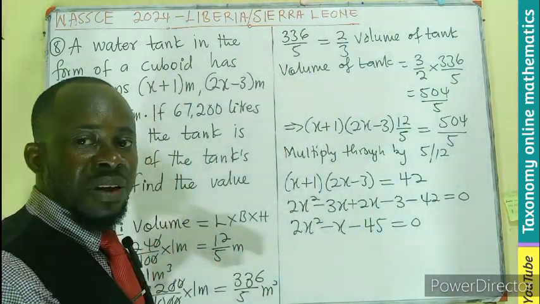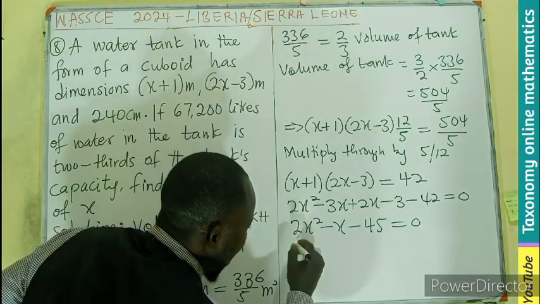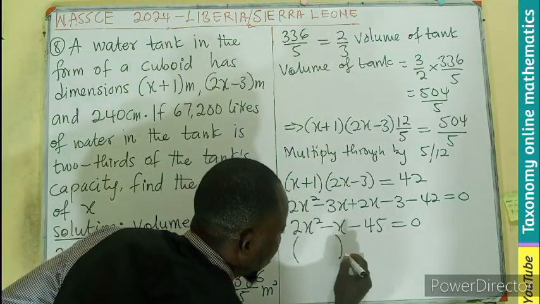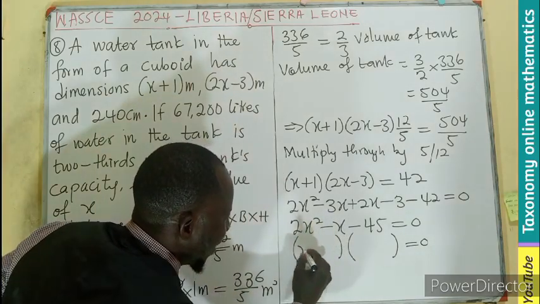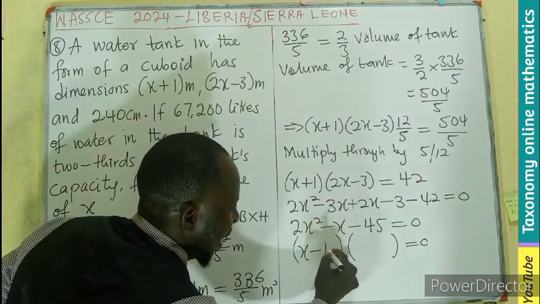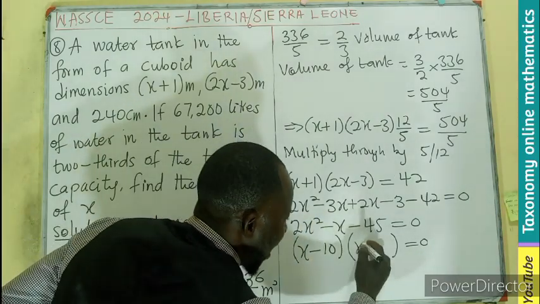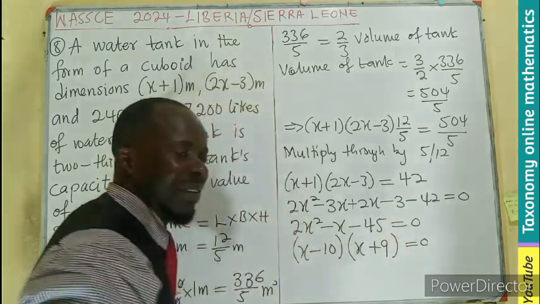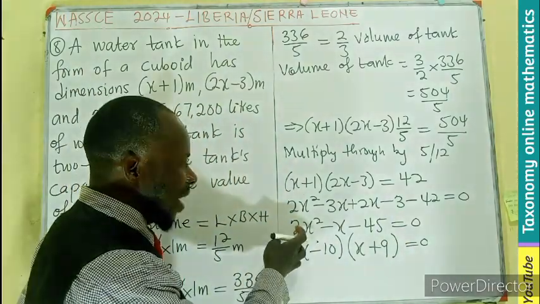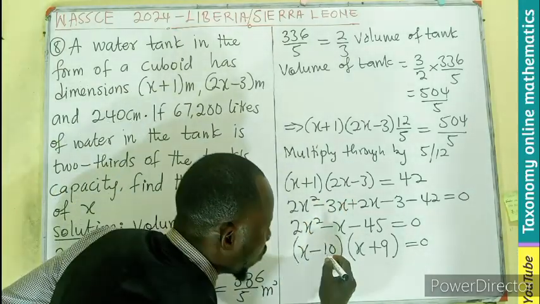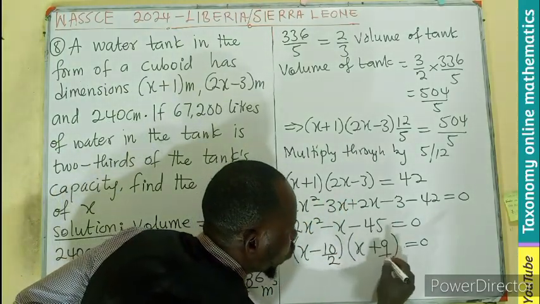So now that we have the factors, remember our shortcut method. We only bring the two brackets equals 0: x minus 10, that's the first factor. x plus 9, the second factor. They are the two factors we have. But before we got the factors, we used 2 to multiply. So let's divide by the 2.